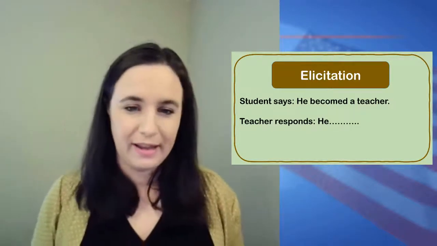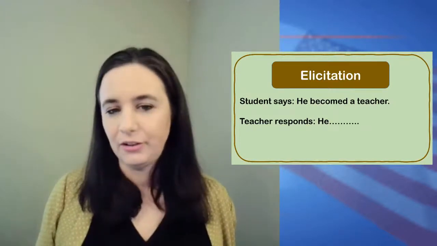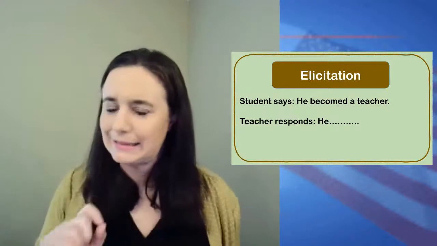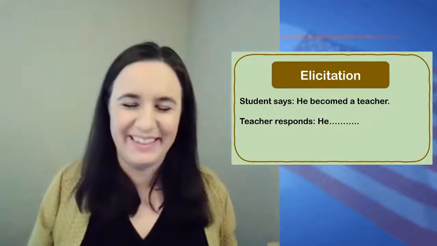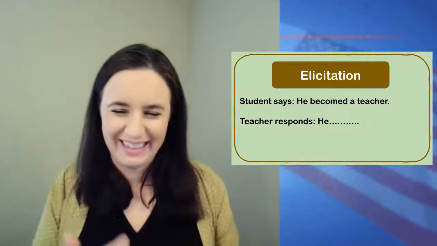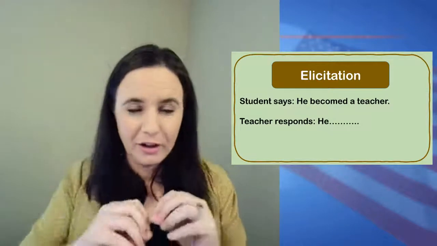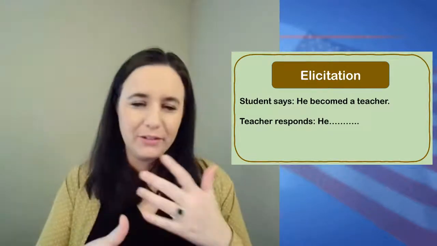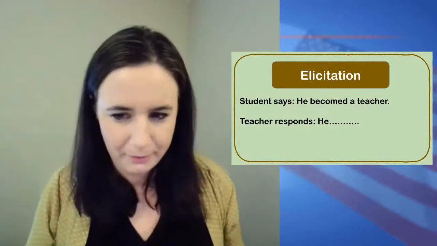So if the student says, "he became a teacher," in elicitation, I would go, "He," and I'm a very movement-based teacher. So of course, for me, it isn't just a tone of voice. It's also expression or movement, but just kind of bringing them back to, here's the point. Let's go back and fix this one before we move on.